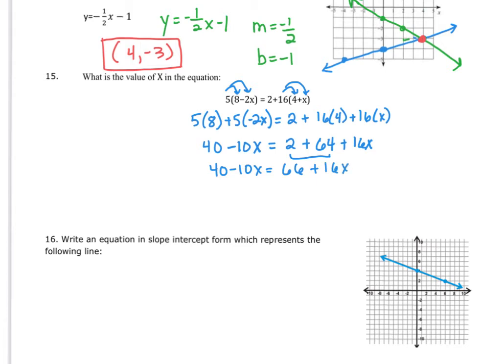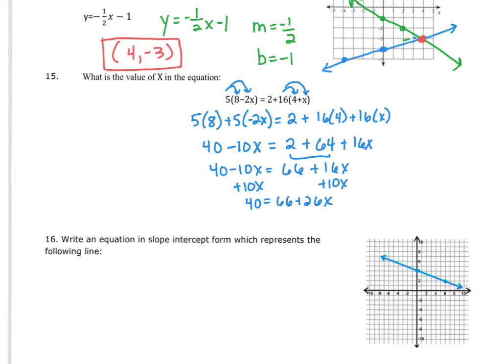I've got variables on both sides of the equation, so what I want to do is move the smallest variable. I don't know if this is bringing back some memories, but you're moving the smallest variable, plus 10x, plus 10x. I'm left with 40 equals 66 plus 26x.